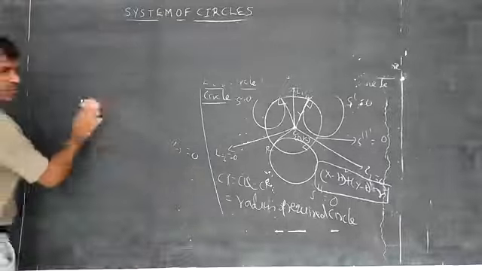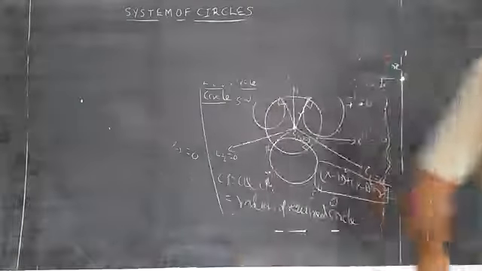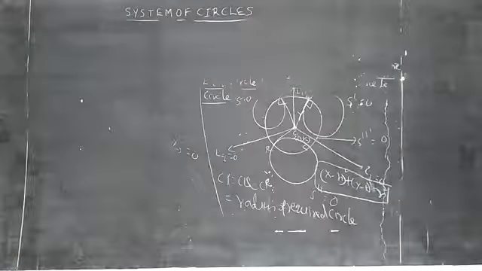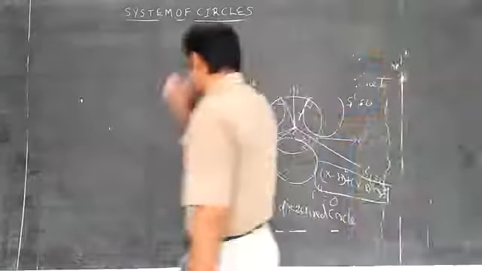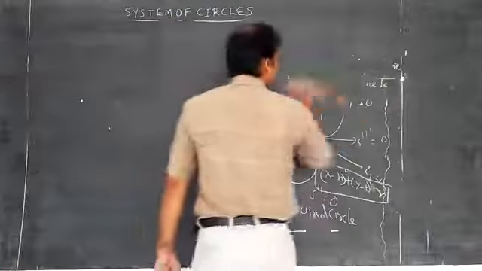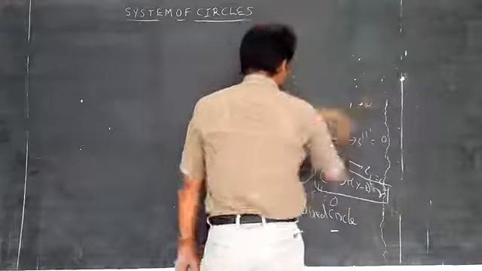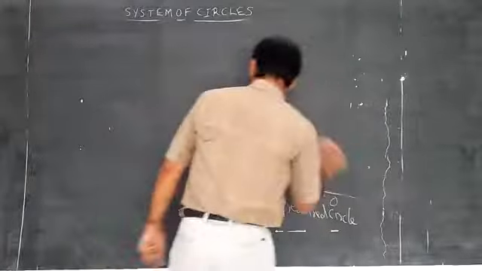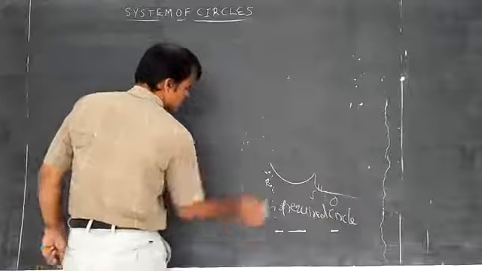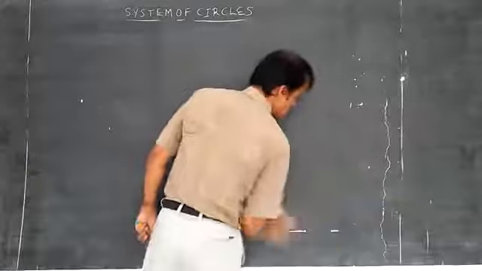In exercise 2b, the second Roman, third Roman, and sixth, four sums are there. All sums depend upon this concept only. We can do them using this method, but there is no need to use a tough method in that exercise. That is why I left them. But the questions are the same and the answers also the same.